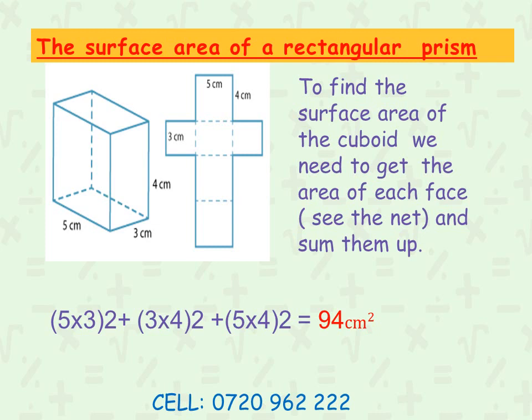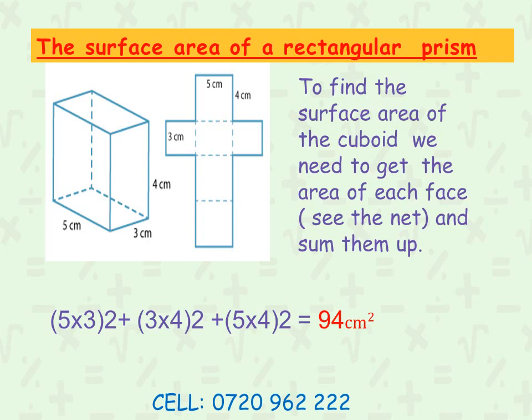So to find the surface area of a cuboid, we need to get the area of each face, as you can see in the net, and then we sum them up. So in this case, we can simply do it this way. We can say it is the cross section. We have 2 of them. 5 times 3 times 2, because there are 2 of them, plus 3 times 4, and because there are 2, we multiply by 2.